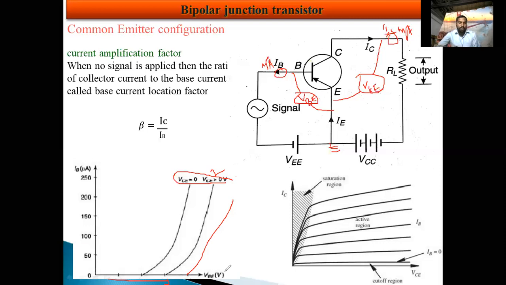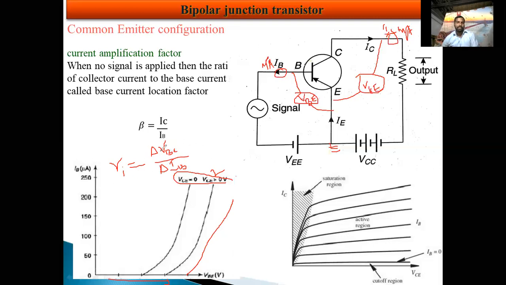Using this curve, we have to calculate the dynamic input resistance. The dynamic input resistance in common emitter mode, that is Ri, is equal to delta VBE divided by delta IB when VCE is constant.